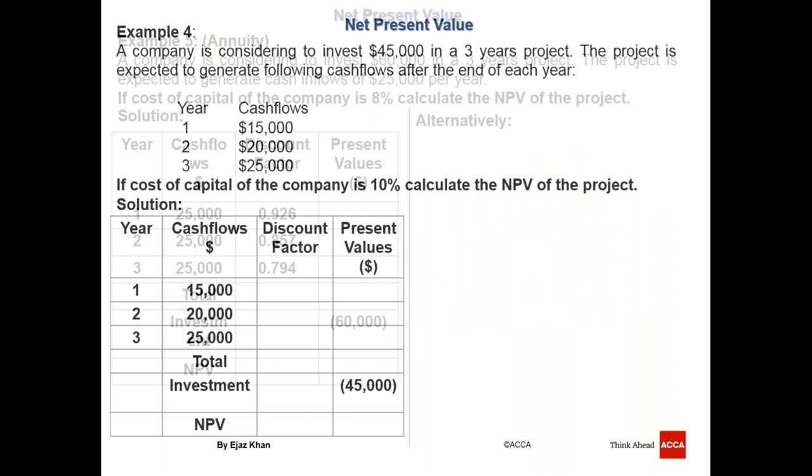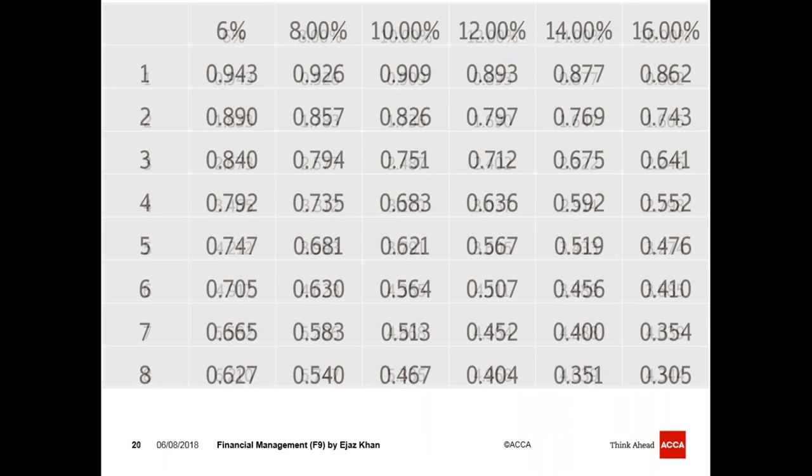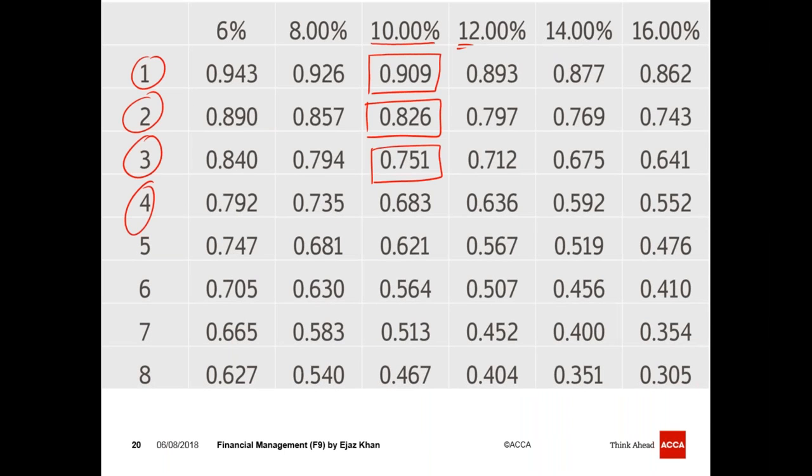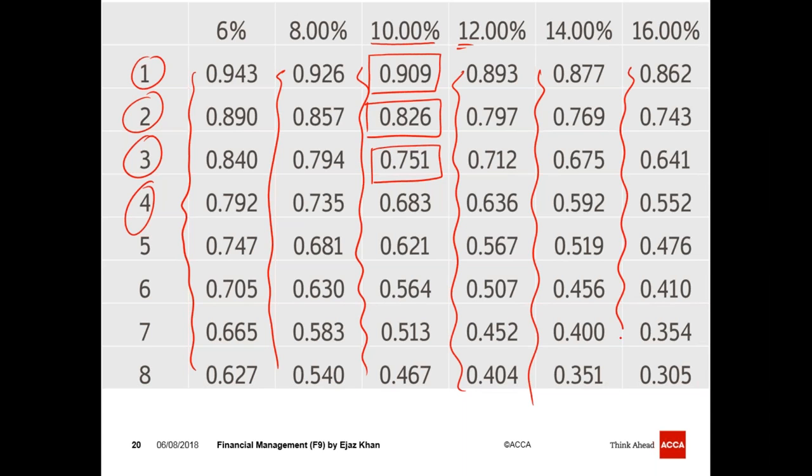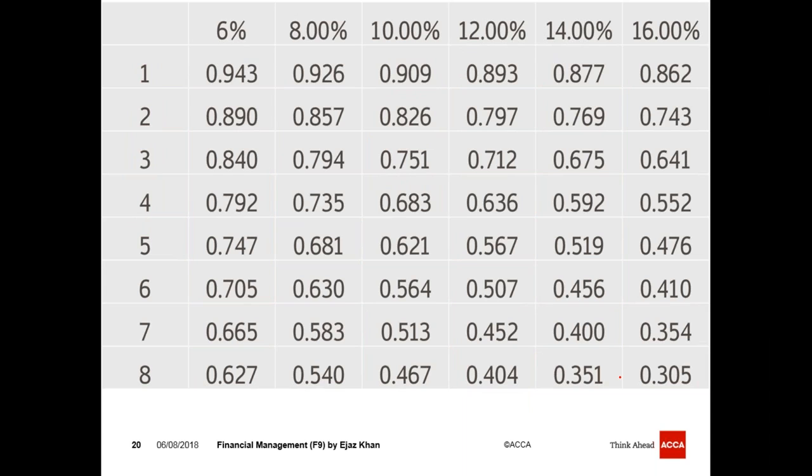So if we go back to those two tables, if you look at this table, none of these values is more than 1. All these values are less than 1 because these are simple discount factors.